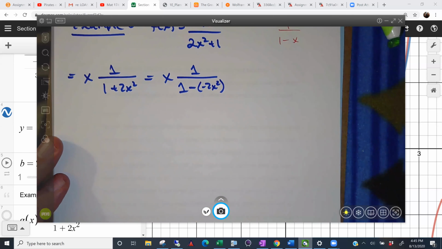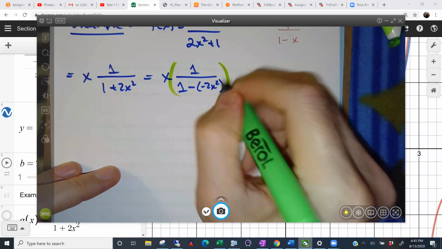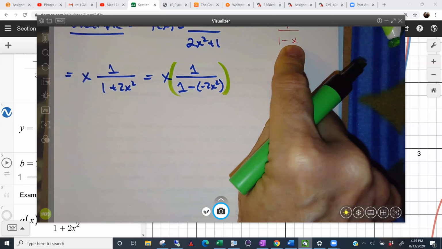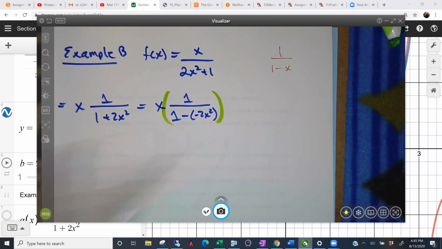And that's indeed what we're going to do. So that's perfect. Now, this part here is in this form. So I can use our power series representation for this function to come up with a power series representation for this one.